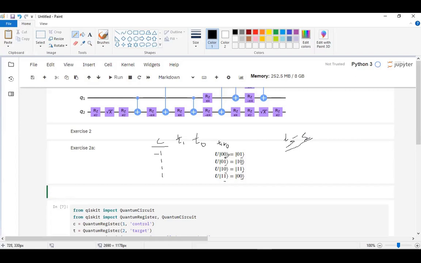So we have the relation between the control qubit and T0, and now we need to derive something which involves T1 also. Let's look at the cases where T1 has a state transformation. In this, 0 remains 0, and this 0 becomes 1, and this 1 remains 1.